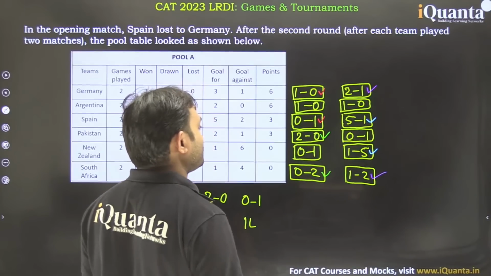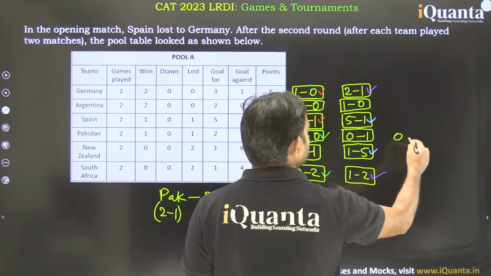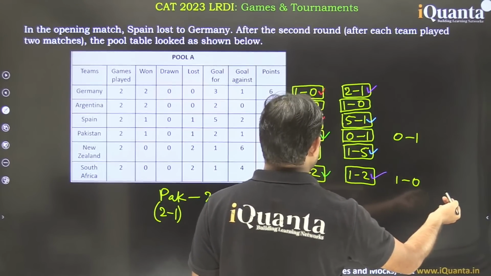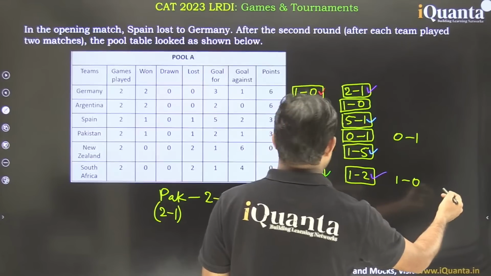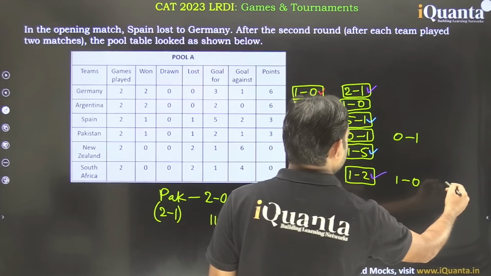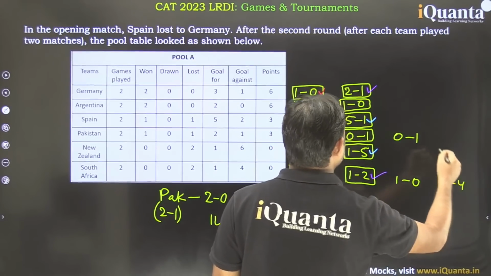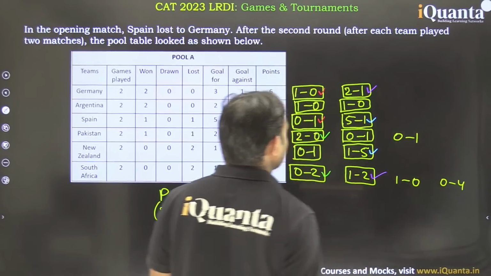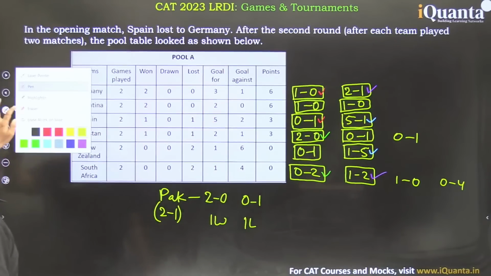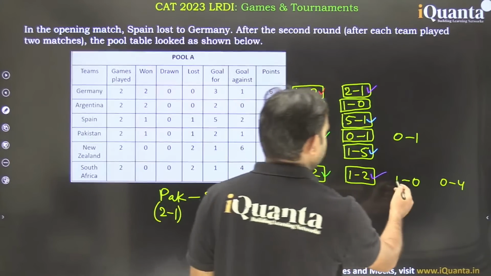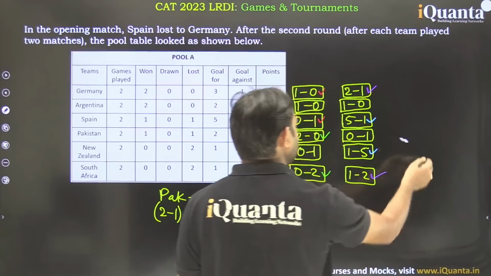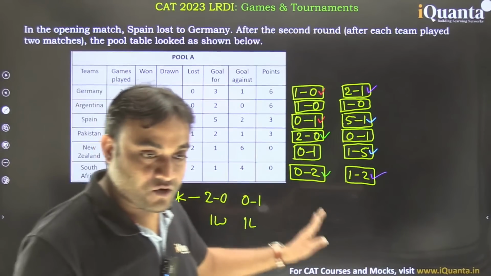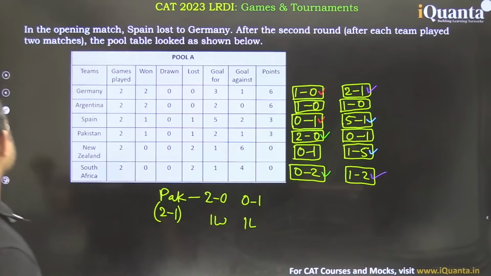No, it cannot be, because if you take that this was 0-1 and this was 1-0, then the other score line would say that lost the match 0-4, and there is no score that compensates 4-0. So that case is not possible. Okay, so yes, in this case true.